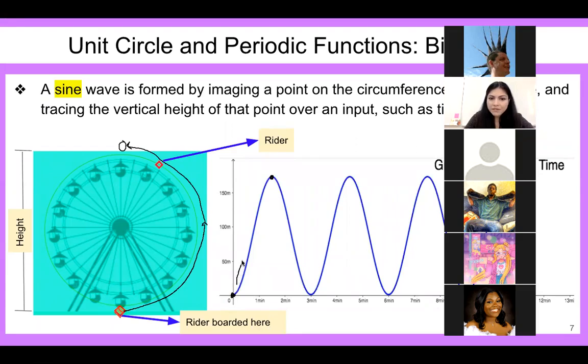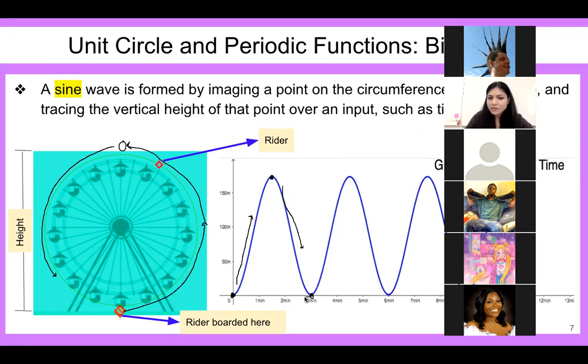I go up the Ferris wheel, I reach my maximum height, then my height decreases because I'm going back down to my original starting position, until finally I'm back to where I boarded, at a height of 0.